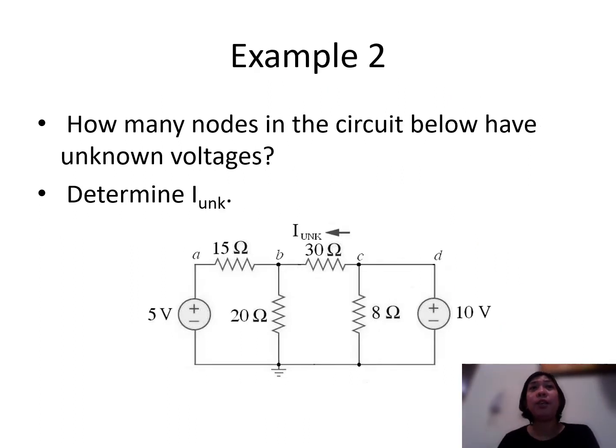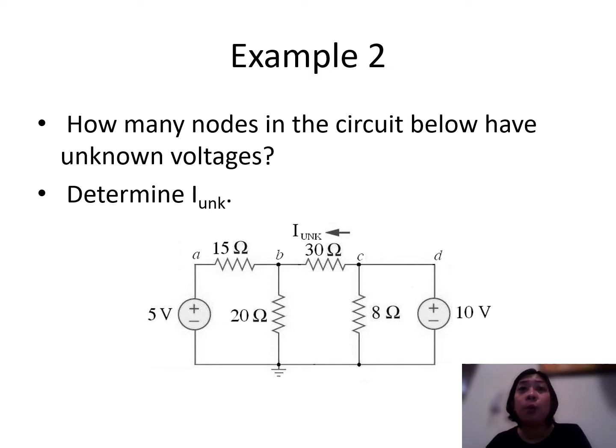It says here, how many nodes in the circuit below have unknown voltages? So how many unknown voltages do we have here? If you look at the nodes, we have node VA, VB, VC, and VD. However, class, you're going to notice that your node VC here is in parallel with your node VD here.